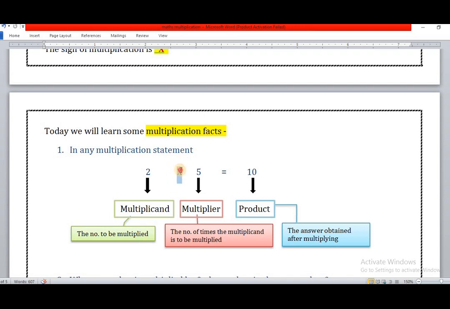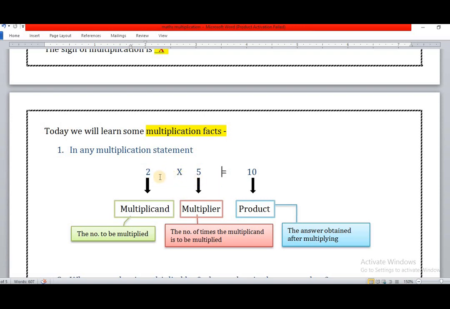I put the sign of into, which means that I am multiplying this number. 5 is the multiplier. The multiplier is the number of times this multiplicand is to be multiplied. And 10 is the product, the answer obtained after multiplying these two numbers.